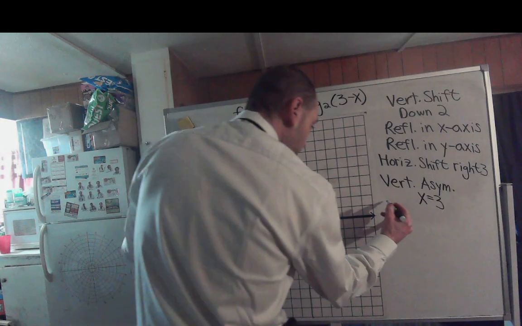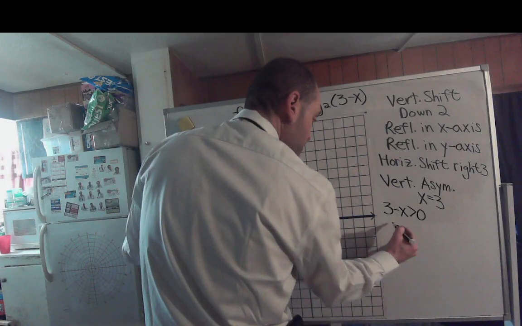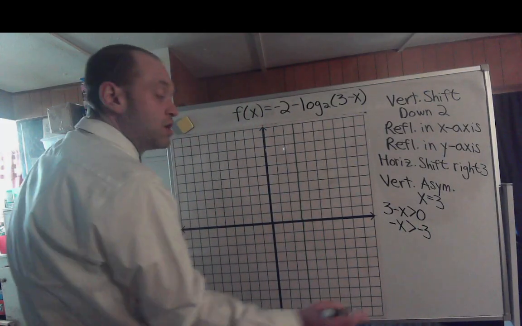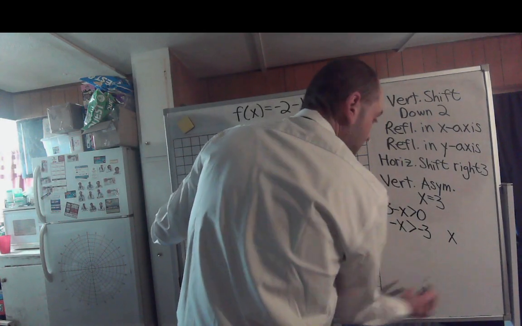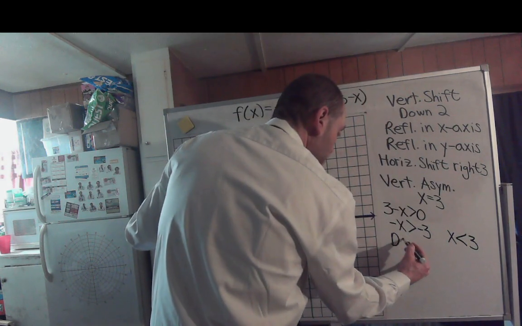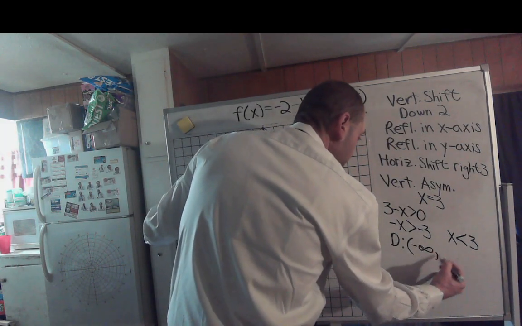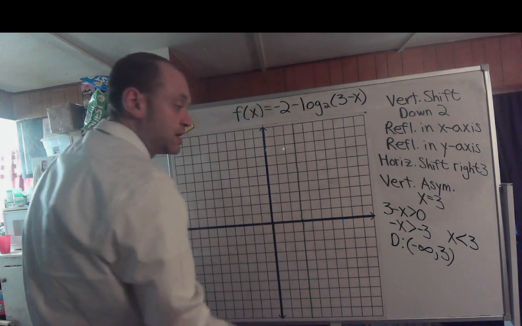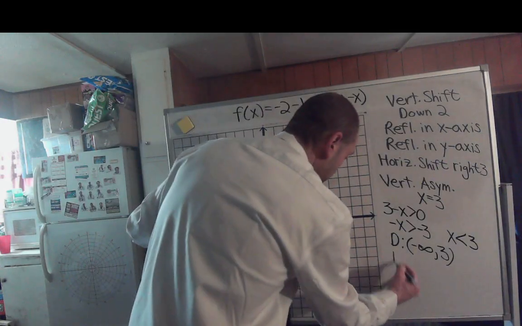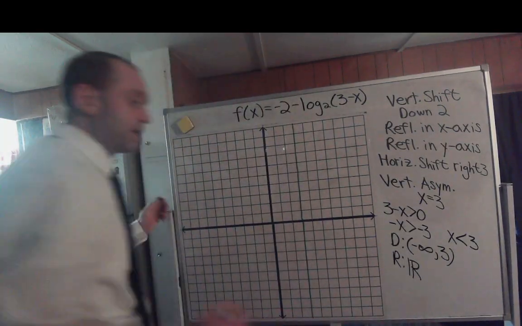So take that 3 minus x, set it greater than 0, which would turn into -x is greater than -3, which means x has to be less than 3. So your actual domain is going to be from negative infinity to 3 non-inclusive. So we're working to the left of that asymptote. Your range is still going to be the entire set of real numbers. That doesn't affect your range.